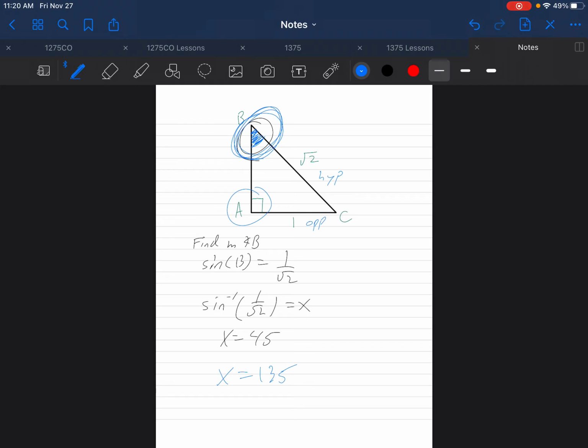That's going to add up to over 180 degrees with only two angles, leaving no room for the third angle to be of any size. So that is impossible, right? That's why the answer here is 45 degrees and only 45.